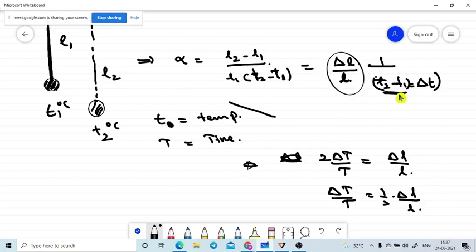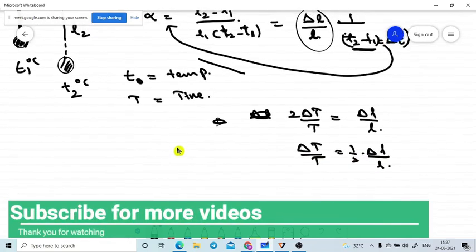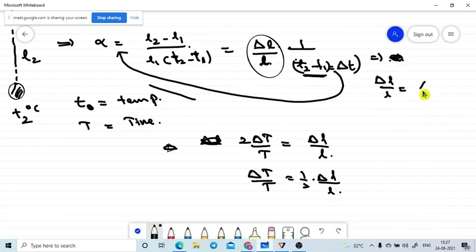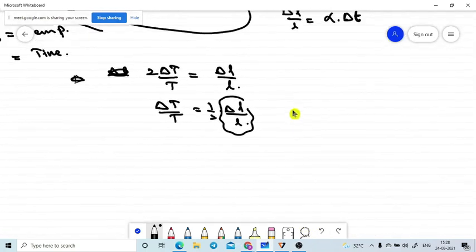So delta L by L is equal to alpha into change in temperature. When we have this value, we can substitute alpha into change in temperature. Then delta T by T is equal to half into alpha into change in temperature.